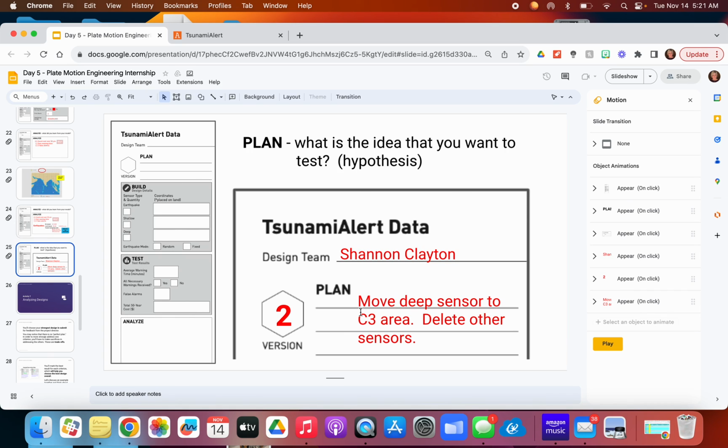And since I had so many breaks and false alarms, and I know I need sensors over there, but I just don't know what to do with them yet, I'm going to actually delete the other sensors. My hope is to dial in and just do one sensor at a time, and then maybe I'm able to really come up with a great plan without adding sensors that I don't need.